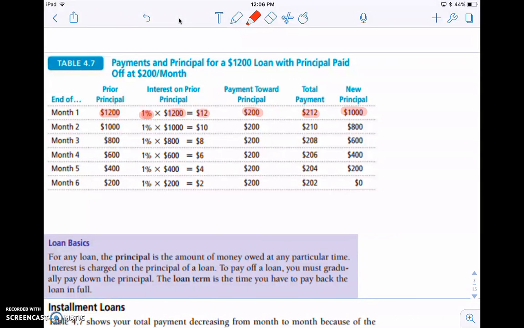So your new balance is $1,000. Then the next month, they take 1% times $1,000, which is $10. So you pay a little less in interest because you don't have as much principal. Still making a payment of $200 towards your principal, you'd only have to pay $210, and now your balance is down to $800 and so forth. And so you can see that this interest decreases over time.